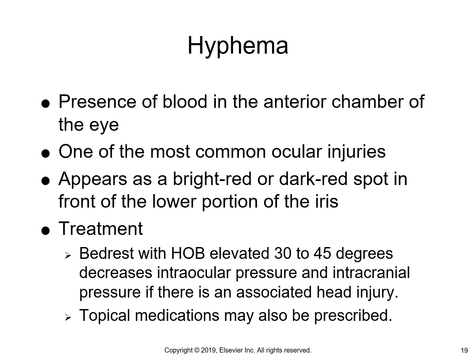It could also be caused by forceful coughing and sneezing, right? When they're coughing too much or sneezing too much, there's pressure in the surrounding structures of the eyes, so it could actually cause hyphema. This one appears as a bright red or dark red spot in front of the lower portion of the iris.